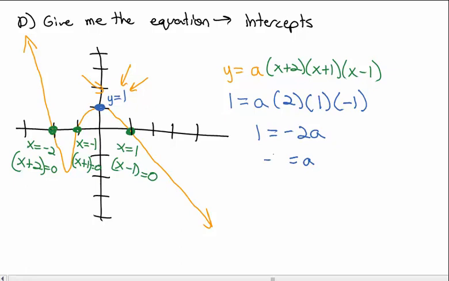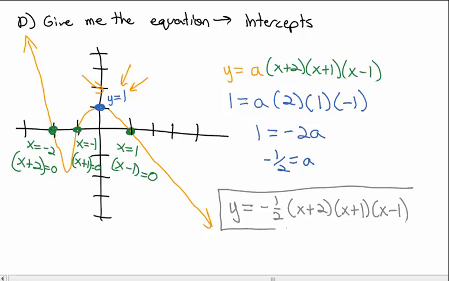We divide by the -2, and a must be -1/2. And so we can see then our entire function is y equals that a, the -1/2, times x plus 2 times x plus 1 times x minus 1. We now have our polynomial.